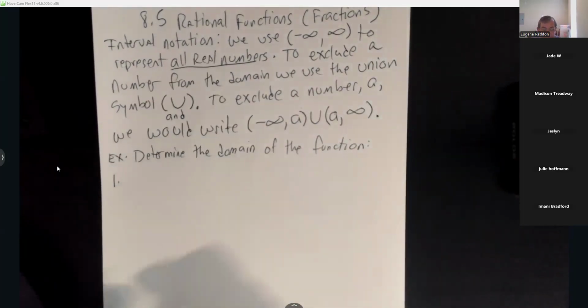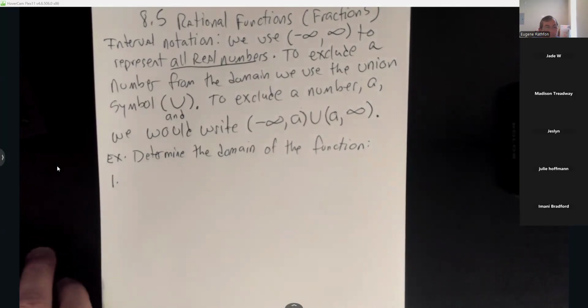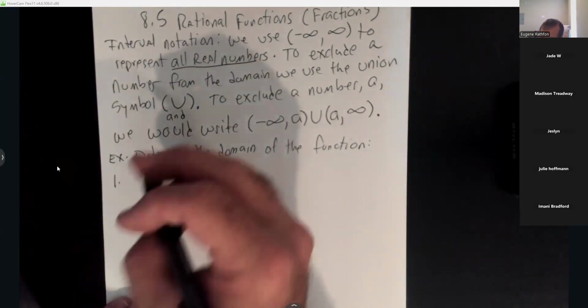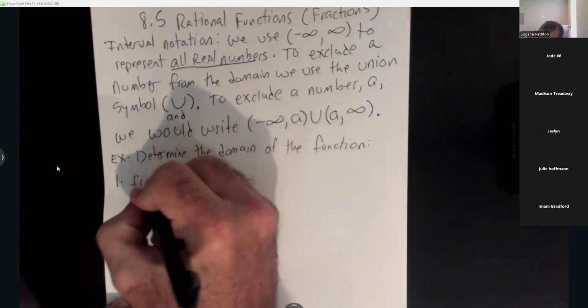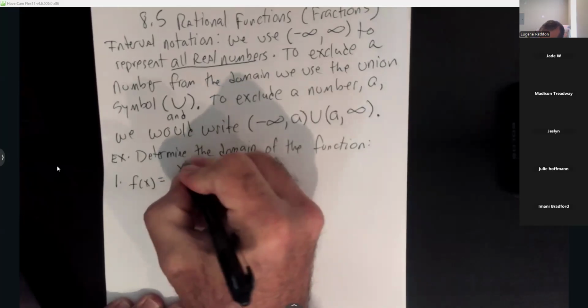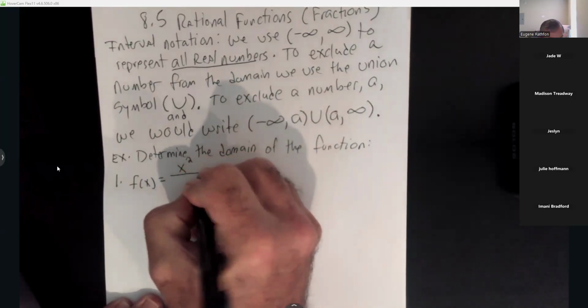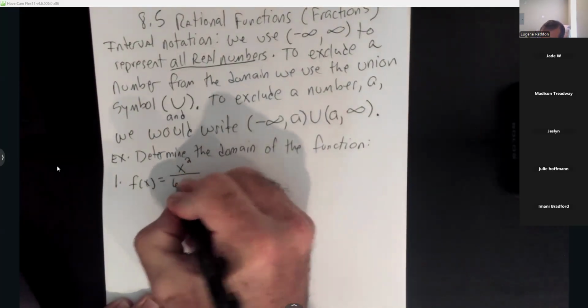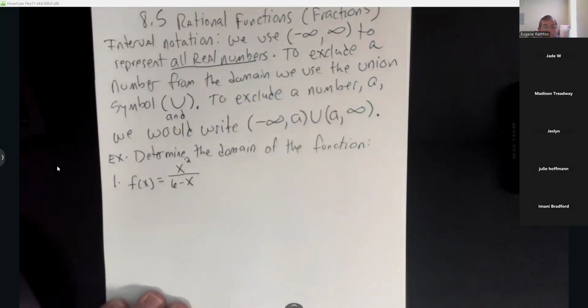So let me do my first one here real quick. All right, y'all. So number one, I'm going to have f of x equals x squared over 6 minus x.